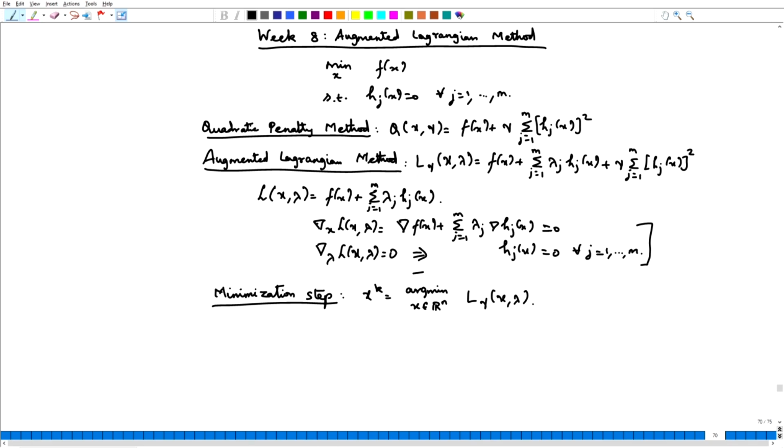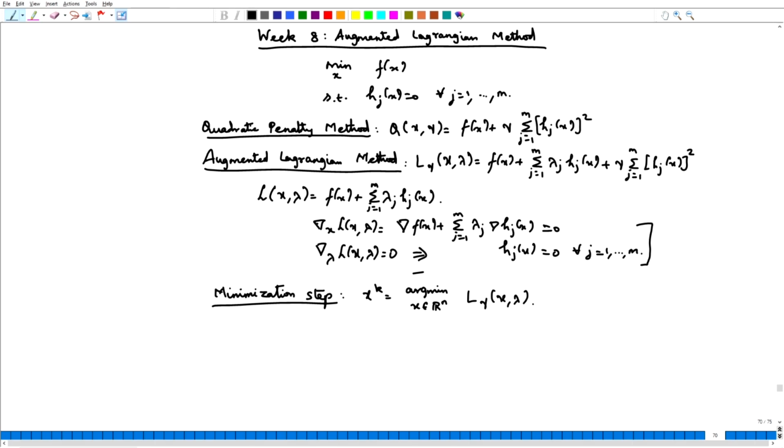You might have realized this by now. Suppose I know the value of lambda. I have already told you that the critical point of this problem, min f of x subject to h j of x equal to 0, can be found by differentiating f of x plus summation lambda j h j of x with respect to x and with respect to lambda and equating it to 0.